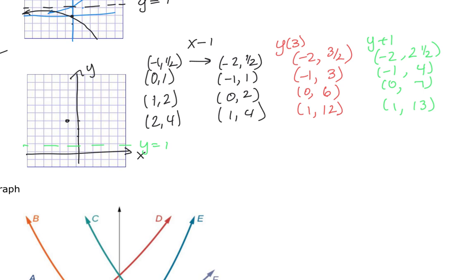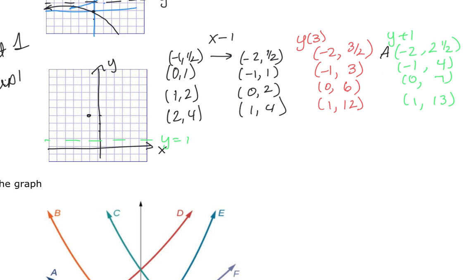Let's call the first one A. So the point which would have been negative 1, 1/2 goes to negative 2, 2.5, which is right about there. So we're going to call this A. This is where point B went to. So this is A. This is B.